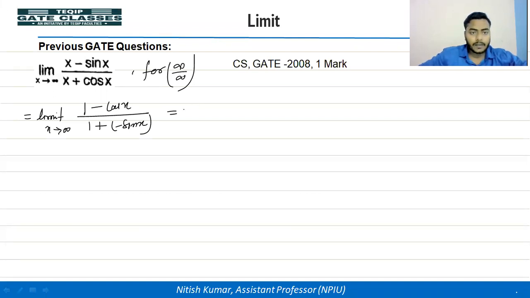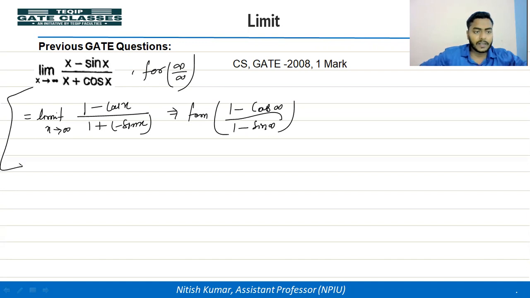So we are getting here form 1 minus cos divided by 1 minus sine. I cannot say, I think. Let's solve by a different way, like limit x goes to infinity, and this we can divide numerator and denominator by x.